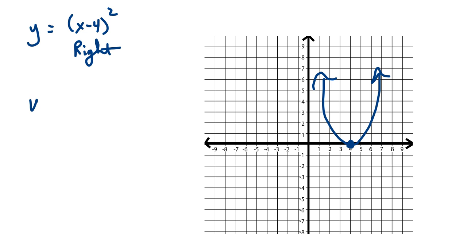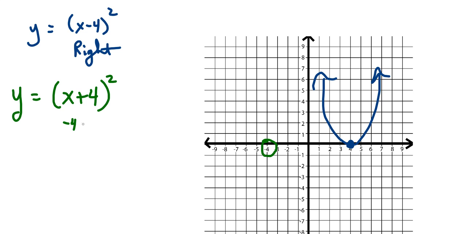If I choose y equals, let me just change colors because it might get confusing if I don't. If I choose y equals x plus 4 squared, well, the thing that will make it a 0 is this number here, -4.